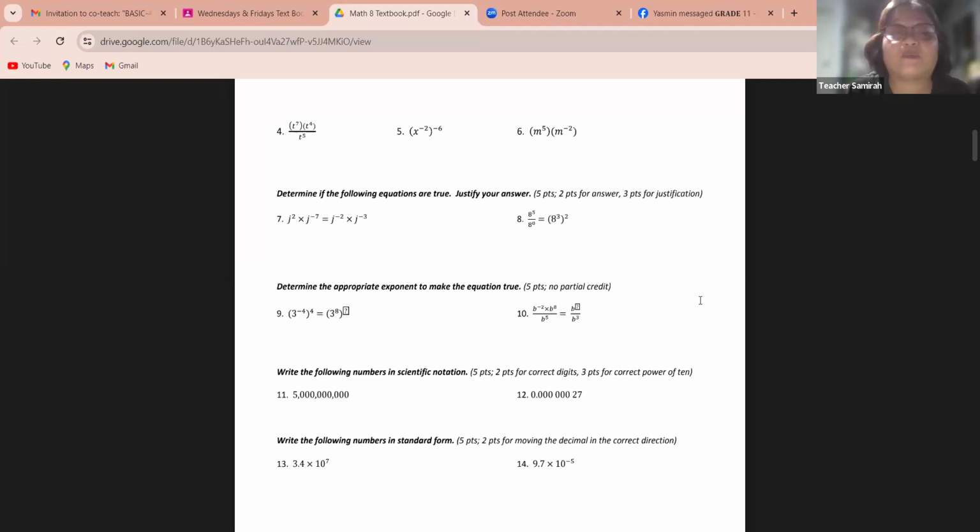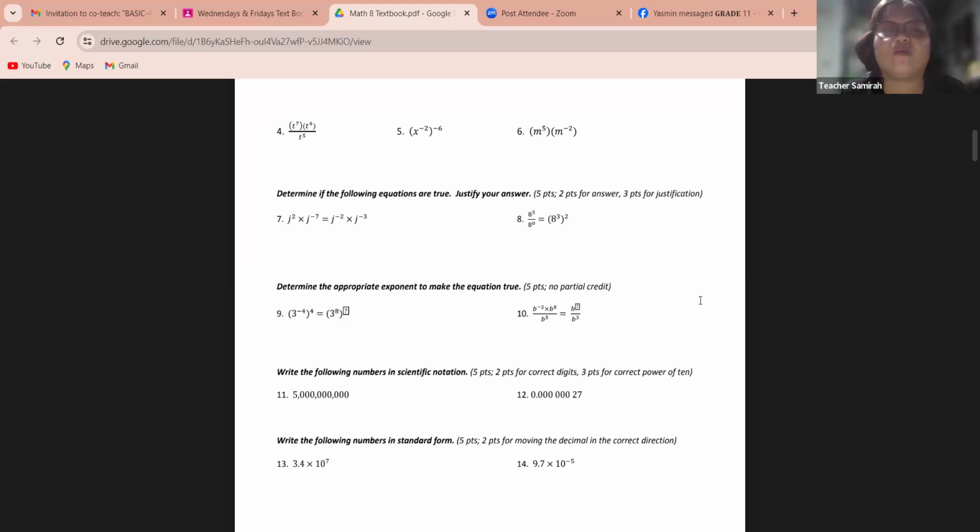What do you think? J raised to the power of 2 times j raised to negative 7 is equal to j raised to the power of negative 2 times j raised to the power of negative 3. When you try to solve the left side and the right side, will you arrive at the same answer?